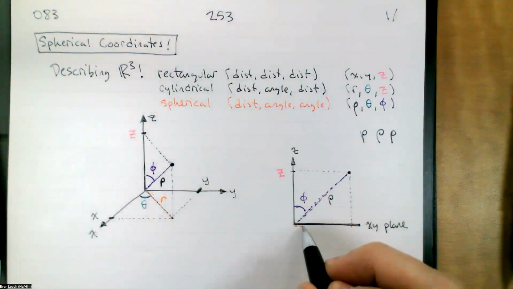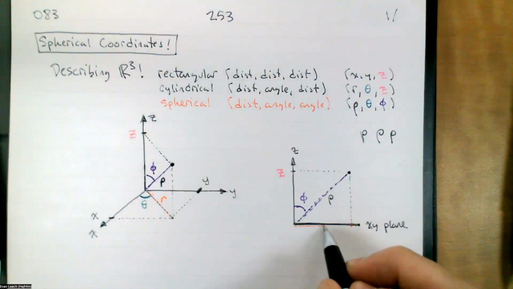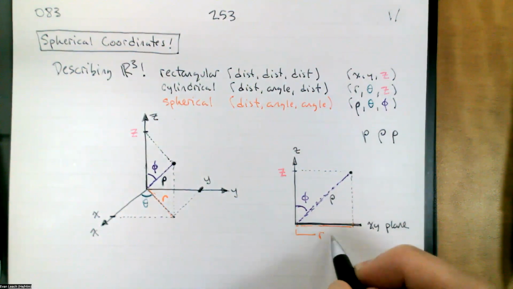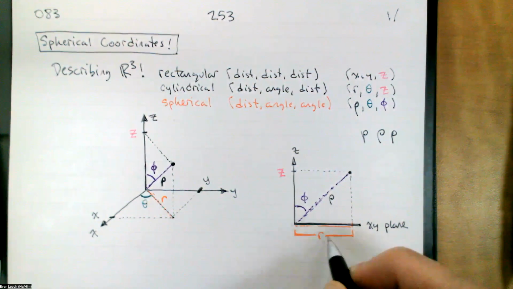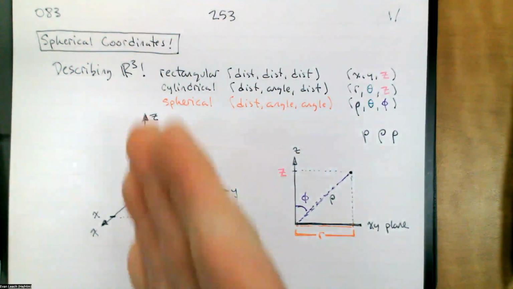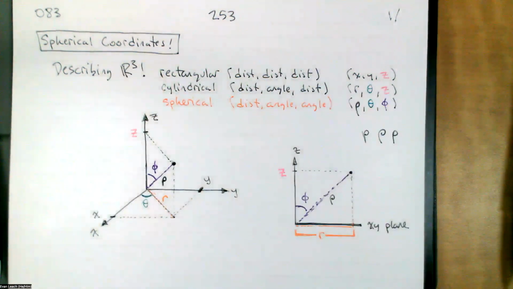So that's where we see r. I'm grabbing this plane and laying it flat, because I want to see the relationships between all these points.